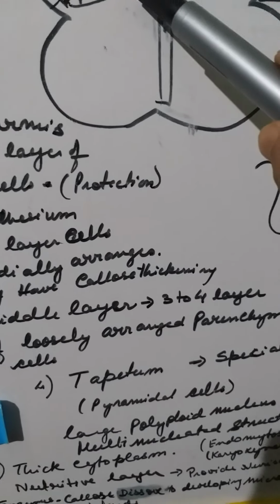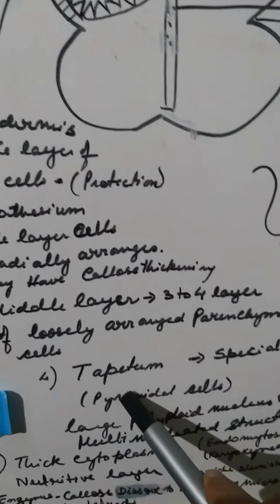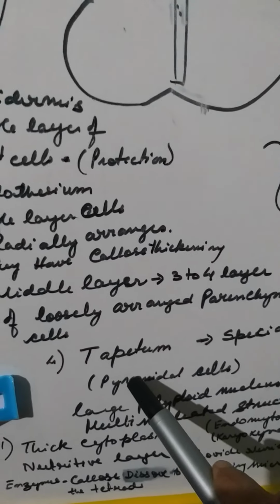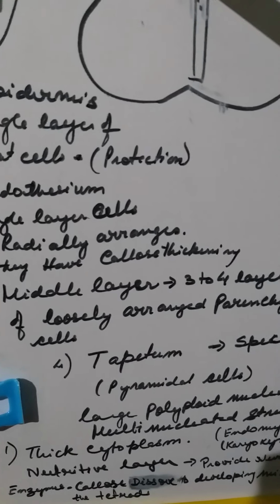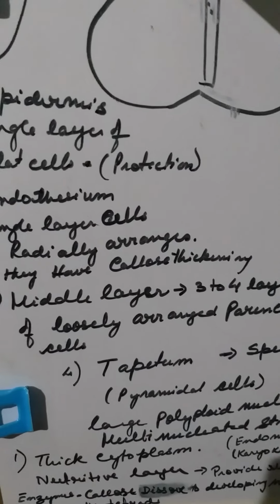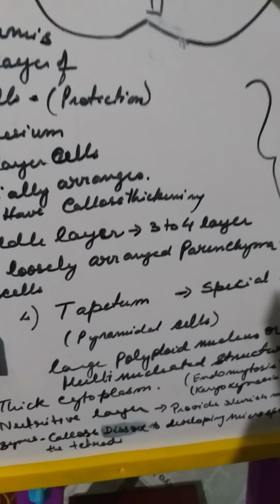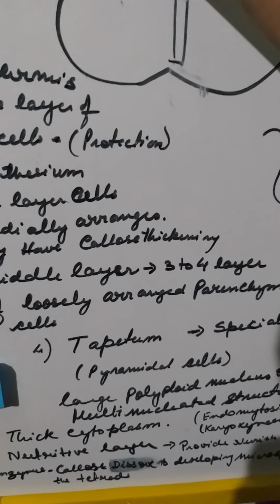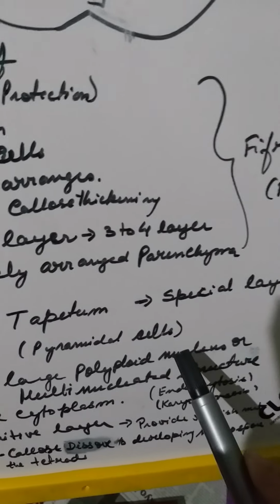Okay, now after that, the innermost layer is known as the tapetum, and the tapetum is made up of pyramidal cells, and it has a very special function. Here the pyramidal cells are known as the tapetum, and before that pyramidal layer are 3 to 4 layers of parenchymatous cells. And what is the function of the tapetum? They have very special functions.